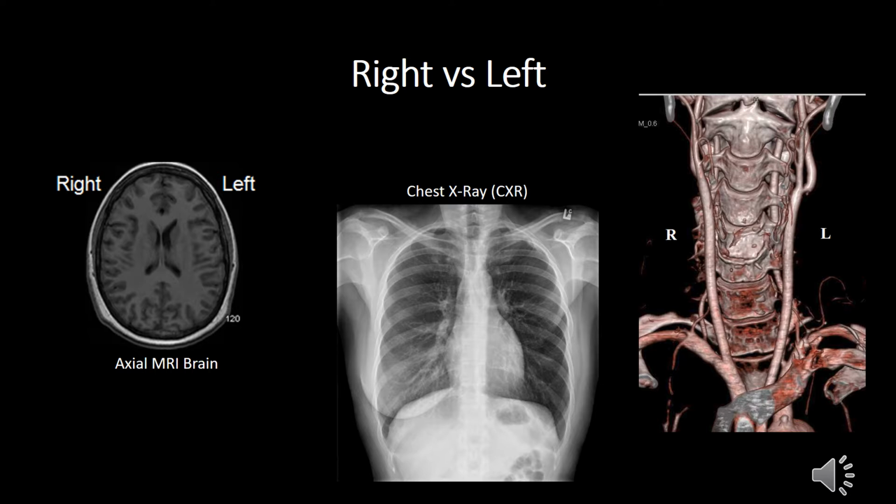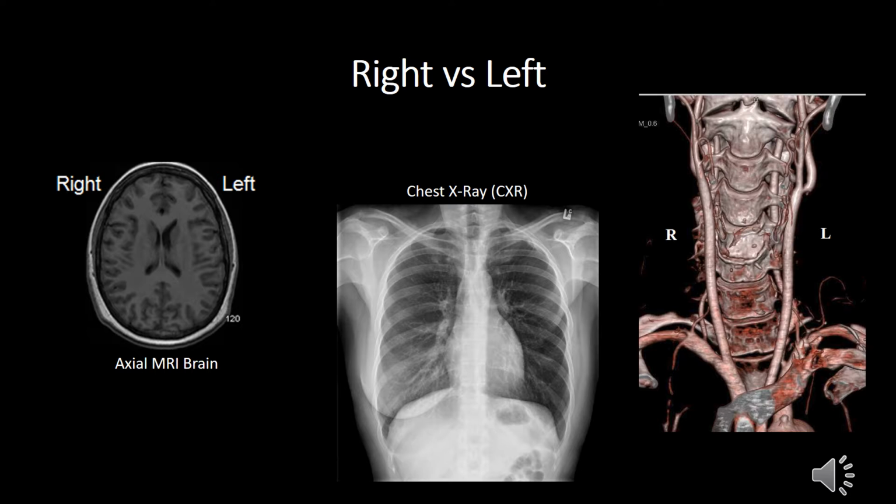In medical imaging, it is easy to get your rights and lefts mixed up. No matter what plane you look at though, the right side of the patient is going to be on your left side. So the left side of the patient is always going to be on your right side. This is for any imaging modality, ultrasound, x-ray, MRI.